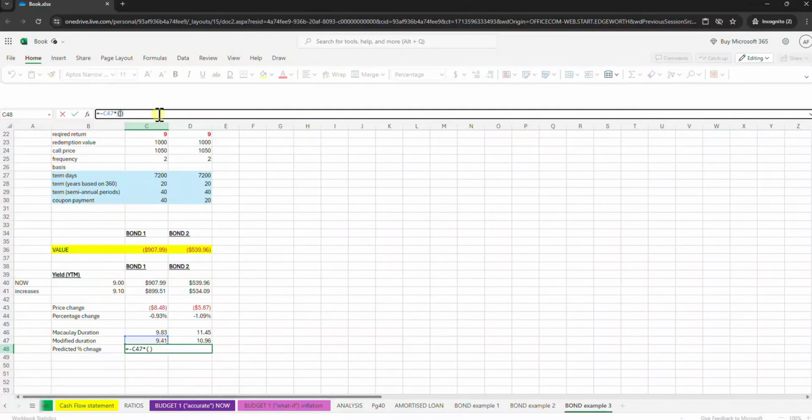Yes. So we actually need to fix this. The change is here. It was the yield. The yield needs to change. The yield was 9.1 minus 9, so this figure minus this figure.